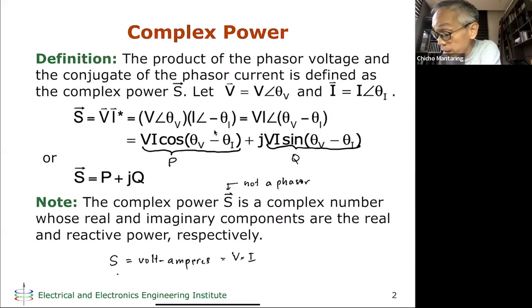On the other hand, S, your complex power, is P plus jQ. So this is an exception whereby we put the vector sign on top of the S, even if this is not a phasor, so that we can differentiate it from your volt amperes, which is just V times I.